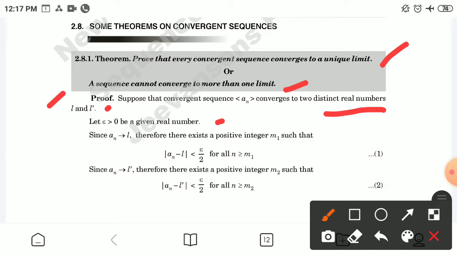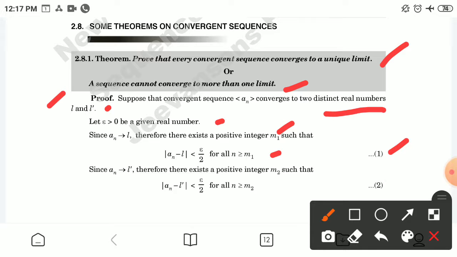Since a_n converges to L, using the definition of convergence, there exists a positive integer m1 such that |a_n minus L| is less than epsilon by 2 for all n greater than or equal to m1, marking this as number 1.